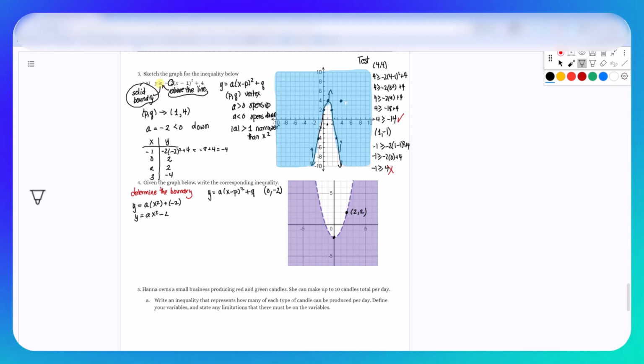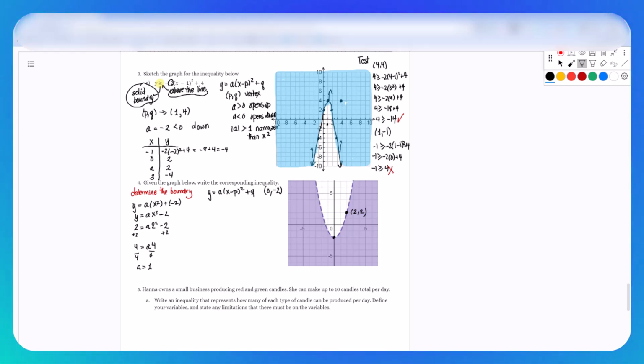We're going to substitute the y for 2, and we're going to substitute the x for 2, and we're going to isolate the a. So we're going to add 2 to both sides to give us 4 equals a times 2 squared, which is 4, dividing both sides by 4. We have an a that equals 1.